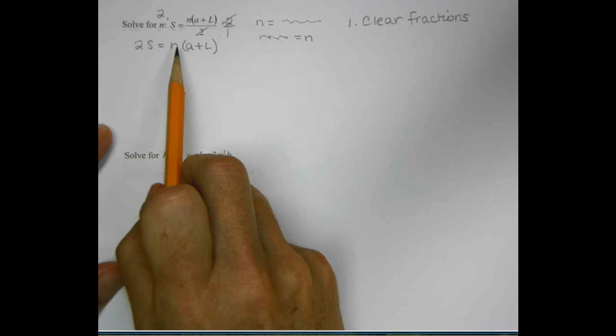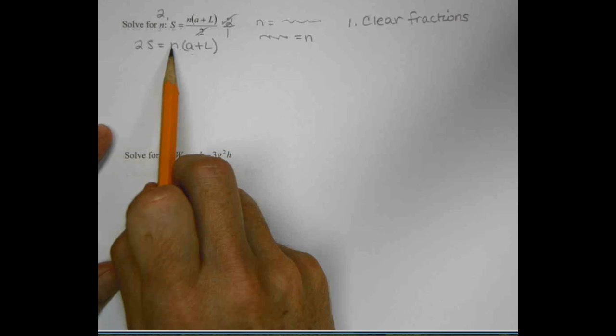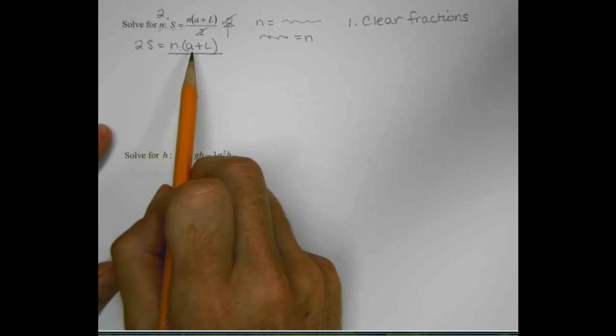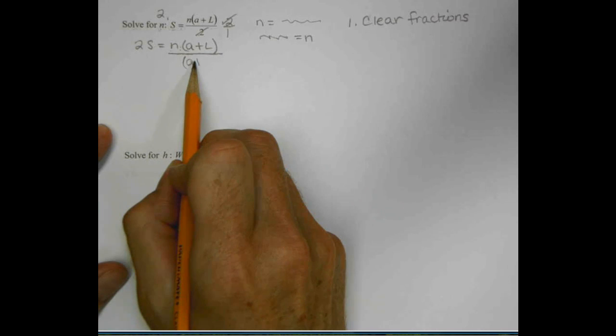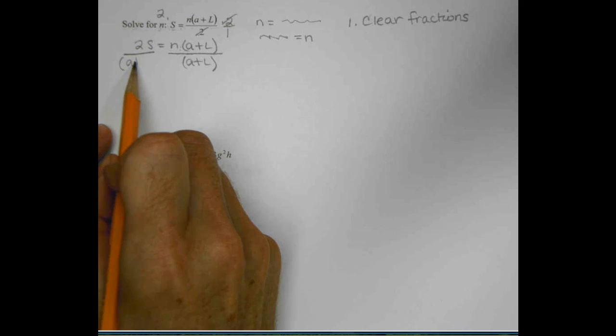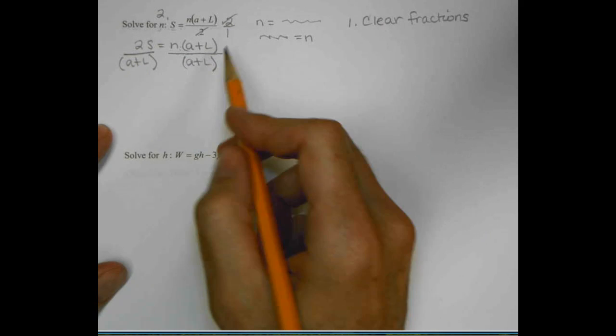Now I have n times a quantity, and I want the n by itself, so I'll do the opposite of this multiply here, and I'll divide by that whole quantity because we know we can do that. If I divide on one side of the equal sign, I have to divide on the other.